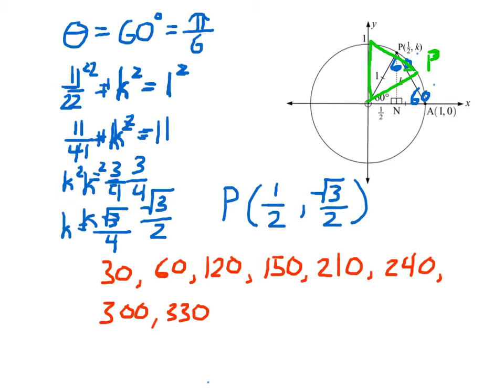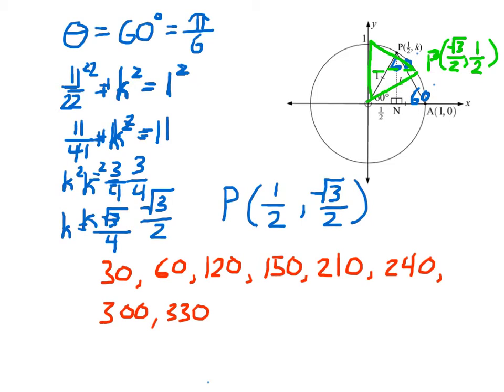However, the bisection is going to occur on the y-axis, so now the y-coordinate is going to be 1/2. And we can prove using the same methods that we did for angle 60 that the x-coordinate is now going to be square root of 3 over 2. So for any angle that's a multiple of 30, that's not a multiple of 90 as well, the coordinates for those points are going to be some combination of 1/2 and the square root of 3 over 2, and their positives and negatives.